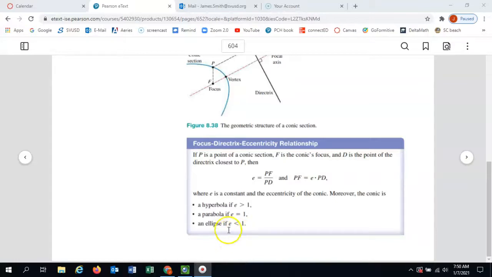The eccentricity would be less than 1. In other words, it would be closer to the focus and farther from the directrix. Okay, and so this is a really important chart, because the first thing we have to figure out is what shape am I looking at, right? And this is how you're going to determine that, by looking at the eccentricity.